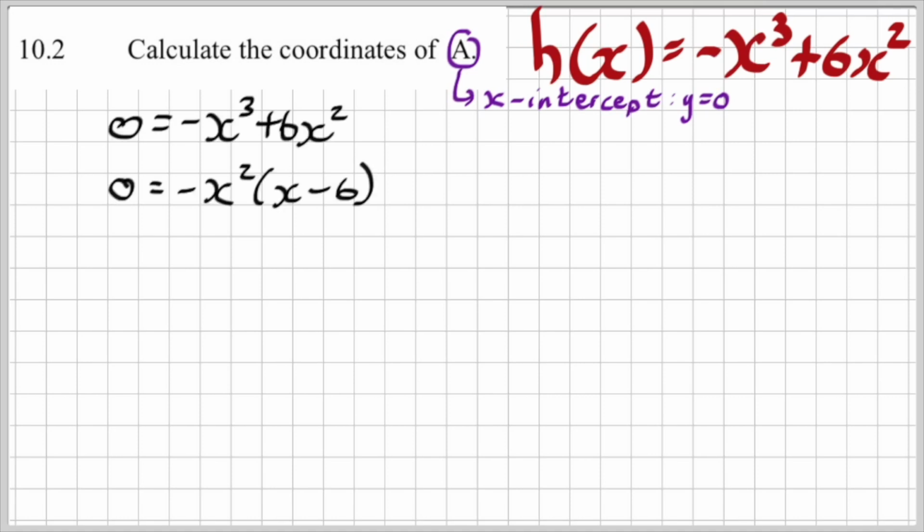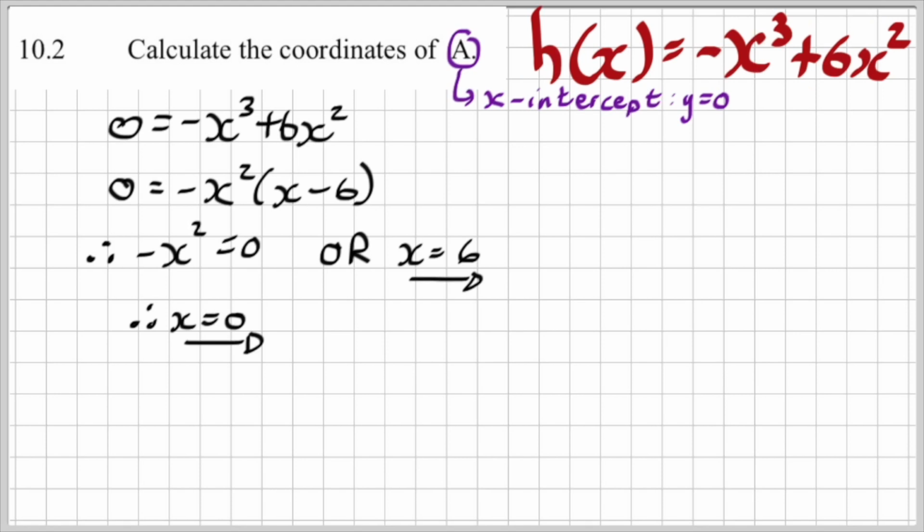Going to h of x and making y 0, I'm going to simply take out the negative x squared common, and I'm left with x minus 6. So this leads me towards negative x squared equals 0, or x equal to 6. The first one can only be true if x is 0, and then x is equal to 6.